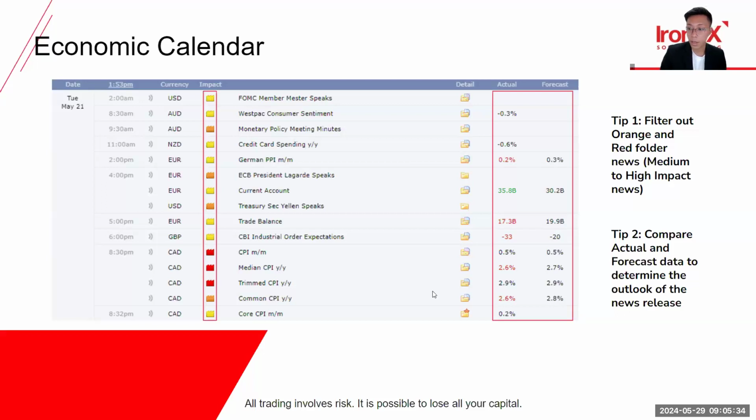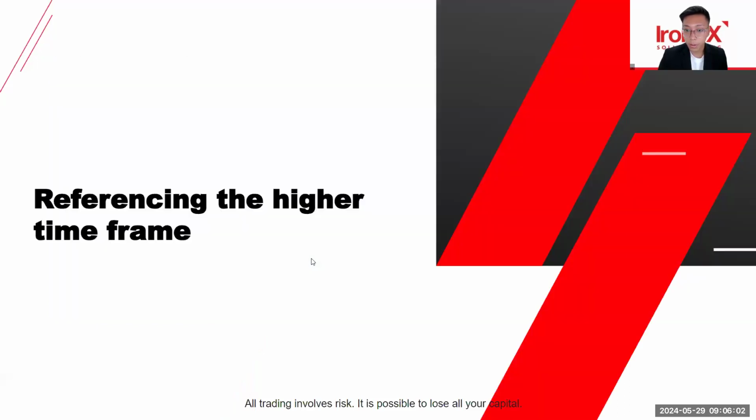An example that I can give you guys would be, let's say, for CAD, your CPI news, if the actual data is greater than the forecasted data, means that the CAD currency is strong. So any pairs that have CAD behind, which is USD CAD, will fall, because it is just a negative correlation. All right, so this is pretty simple.